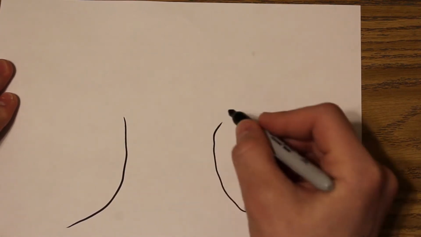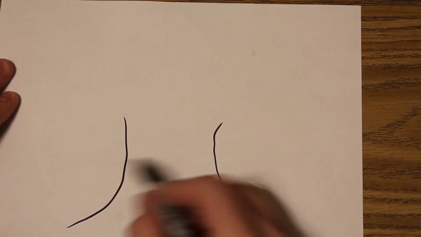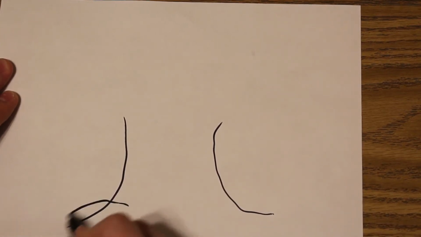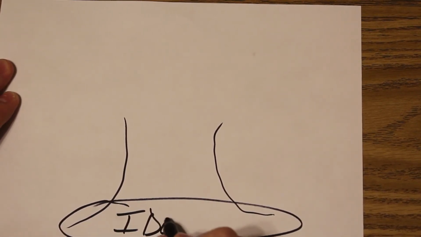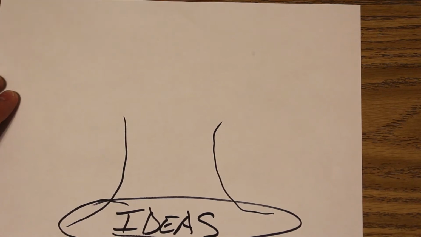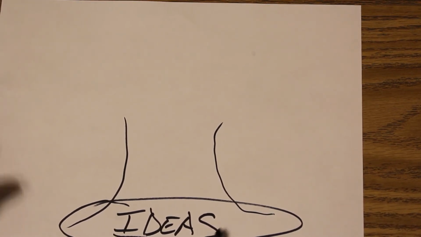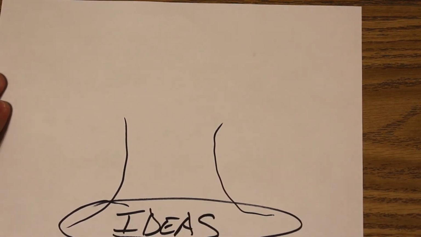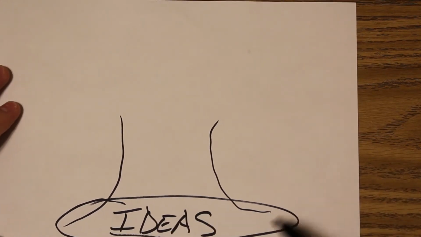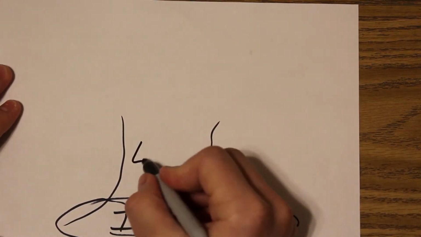If you think about this as a tree, you have some tree that represents everything that you could know. The roots of this tree are going to be your ideas, some kind of ideas, feelings, things that are just there and you notice it in some way. And you get this knowledge, you have this idea.